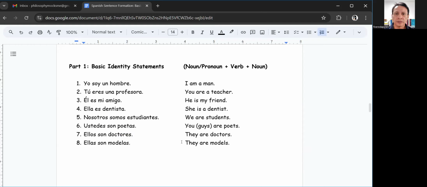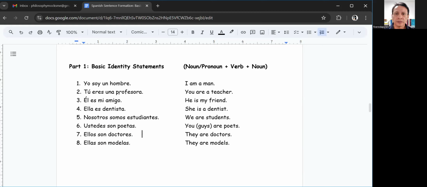They are doctors. Ellas son modelas. They are models. Oh, Carlos, why are the guys the doctors and the girls the models? Because this is Spanish. If this was English, I'd reverse the rules for you. Okay, shots fired. Ellos son doctores, they are doctors. Ellas son modelas, they are models.